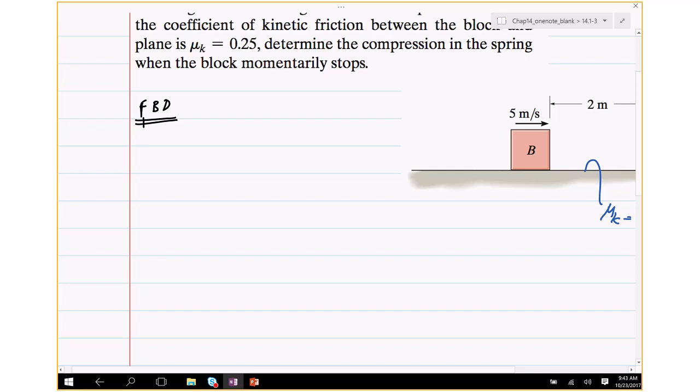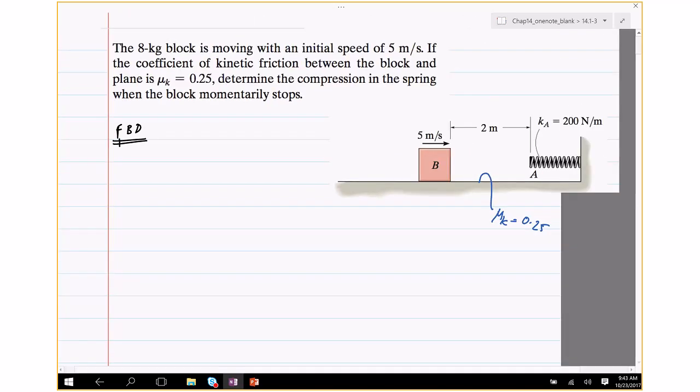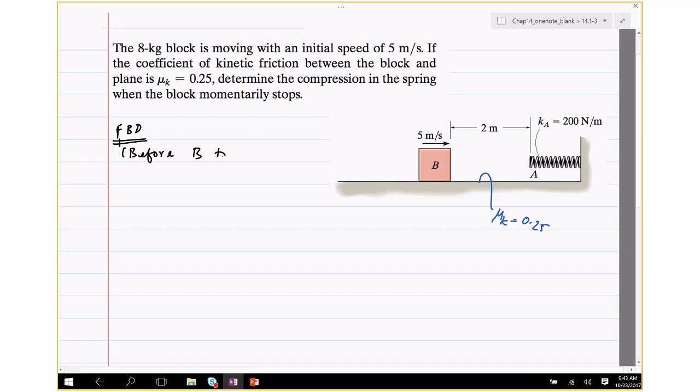So, free body diagram. I'm going to draw two free body diagrams because this is a case when the forces change: when the spring is not in contact with B versus when the spring is in contact with B. So, free body diagram before B touches A. So normal force, mg, and there is friction, right?